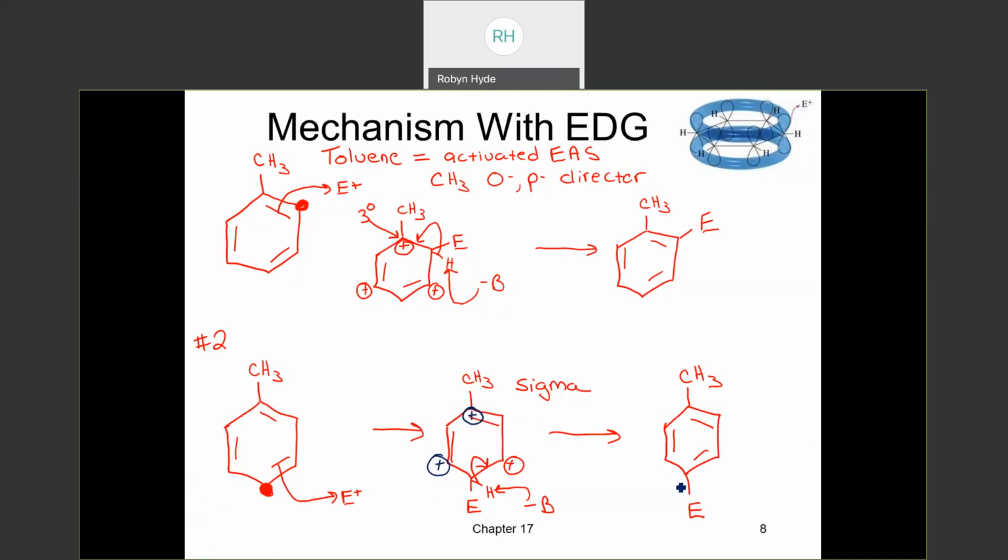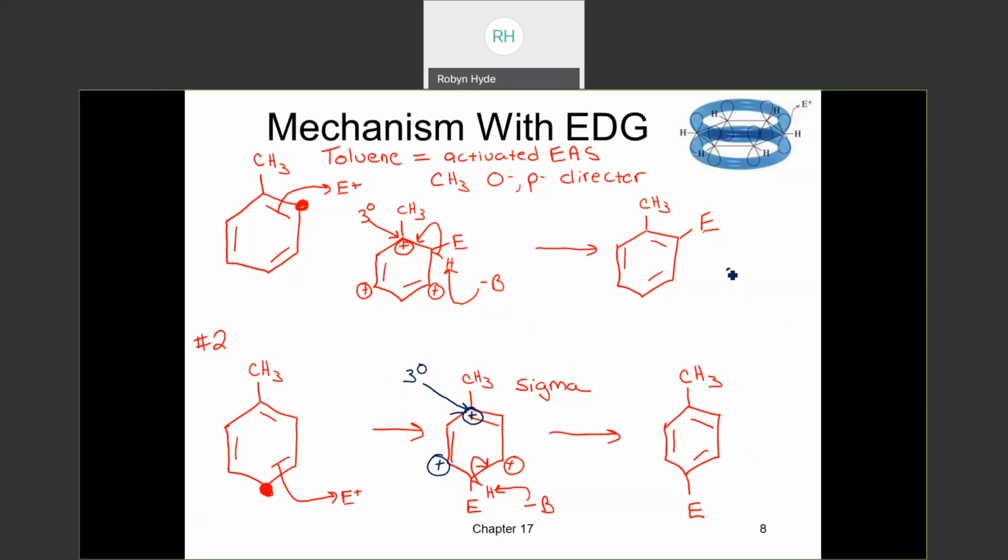And so now what's especially great about this collection of cation intermediates? And yes, you have it right again. In this collection of cation intermediates, I also have a nice stable tertiary carbocation. So what this means is that there are two reasons why we do activated chemistry at the ortho and para positions.